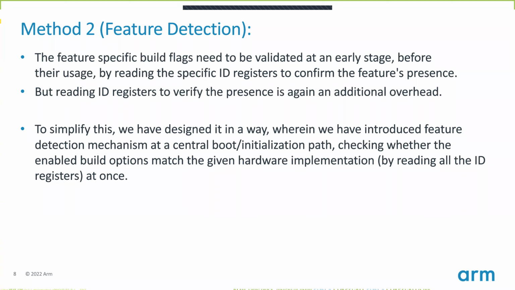If all the build flags set from the platform are valid, then only proceed to the next stage. If not, during boot time itself, let's stop the boot flow. Let the platform be aware whether they have set the build flags properly or not. In one way, we can consider this a kind of diagnostic tool, wherein we can assure whether the build flags have been set properly or not.